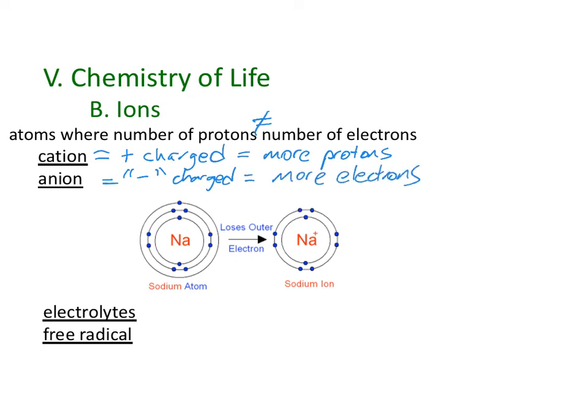So in this example down here, you start out with a sodium atom, and if it loses its outer electron, which it likes to do because it's 1 electron sitting all by itself and it's less stable, so it ionizes and becomes a positively charged cation. So in terms of exercise physiology and nutrition, a lot of times people talk about electrolytes.